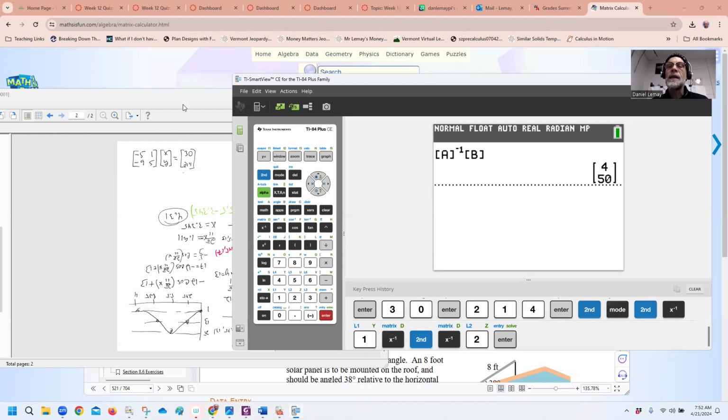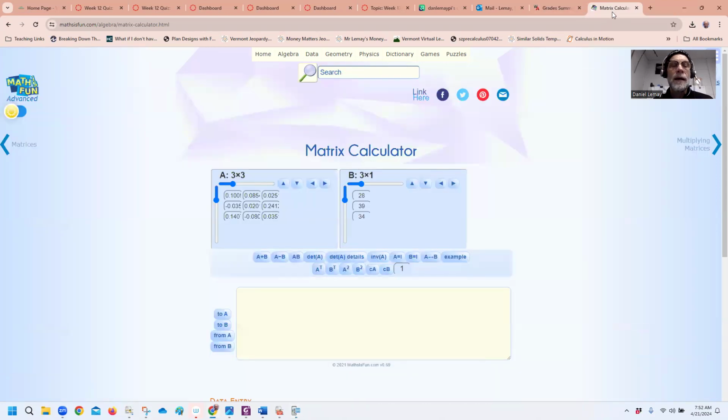Now, what if you don't have one of these fancy graphing calculators and you've got to use another tool? The Math is Fun matrix calculator is what I pointed you to, and I'm not going to go back to the screen where I've got the equation. I'm just going to do it right here. Same deal. You change it so it's the right dimensions, and this is going to be the coefficient matrix.